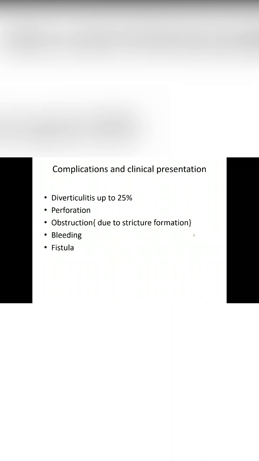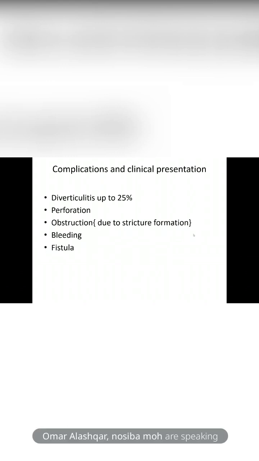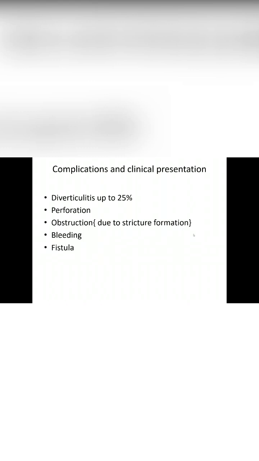If it is localized, do you know what staging system we use? Hinchey classification. Very good. So what is Hinchey 1? Pericolic abscess or inflammatory phlegmon, in the site of the diverticulitis.